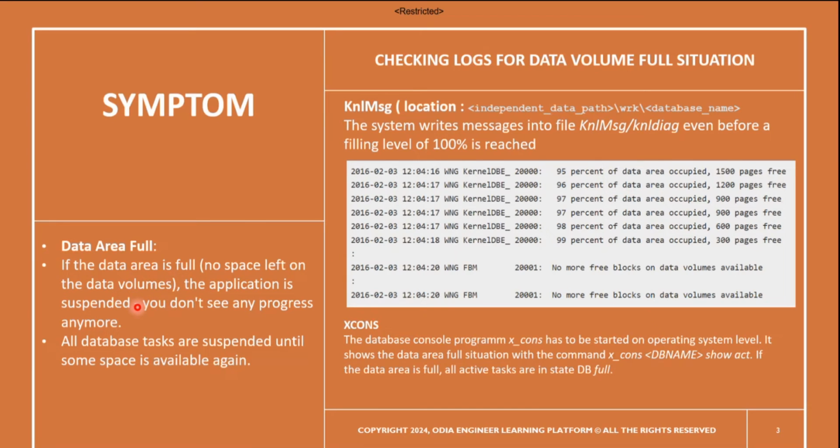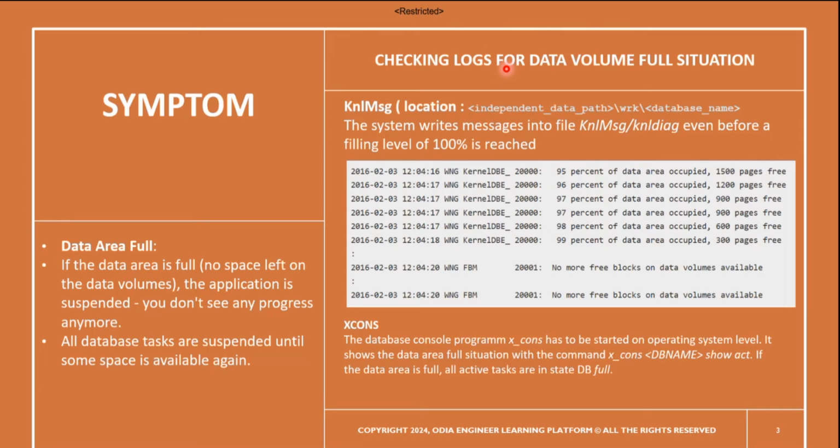There are a few things you need to check when you face these kinds of scenarios. The problem is that when you have the data volume full, the application will not be accessible. You'll see the dispatcher is yellow, and when you try to connect from the application to the database, the connectivity will be impacted. So you cannot access the SAP GUI either.